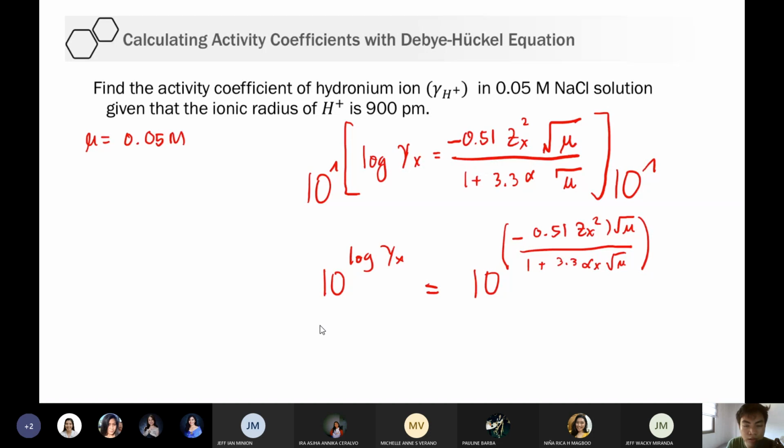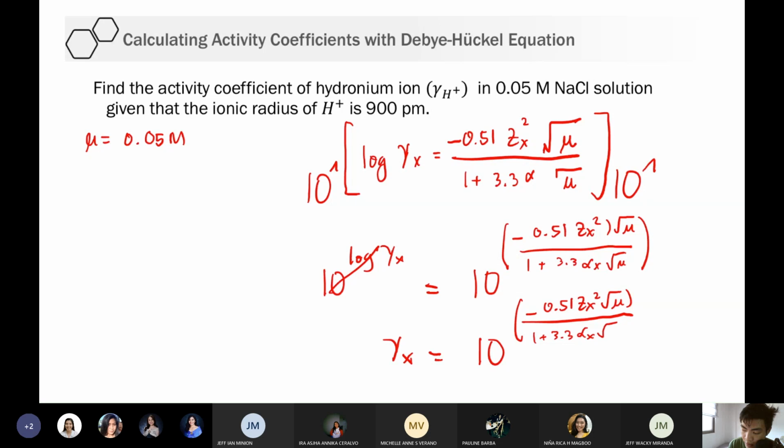Remember that the logarithm and the anti-logarithm will cancel out, so 10 and log cancel each other so that gamma will be brought down. So gamma x equals 10 raised to negative 0.51 zx squared square root of mu divided by 1 plus 3.3 alpha x square root of mu.